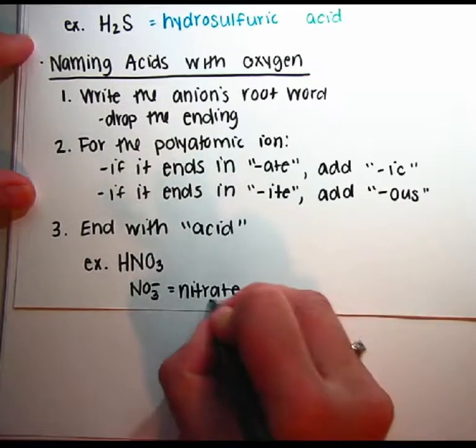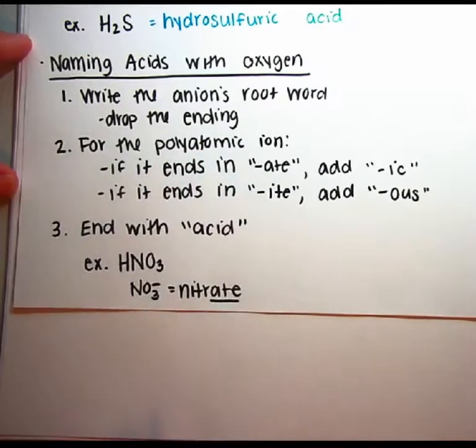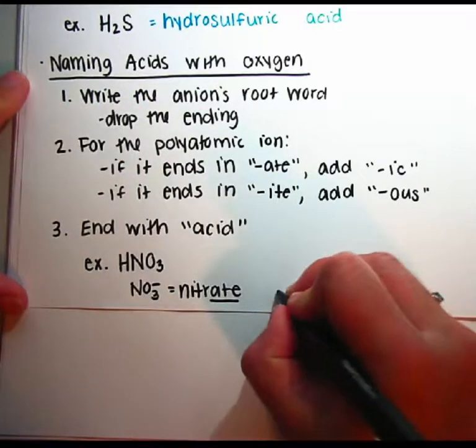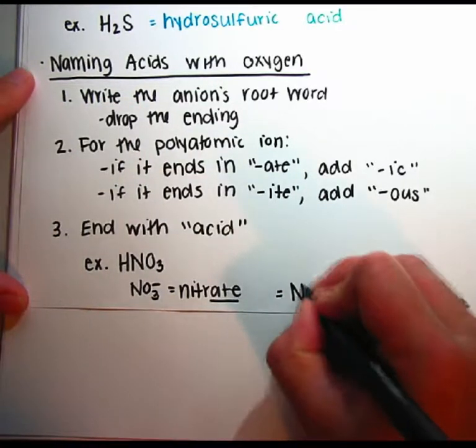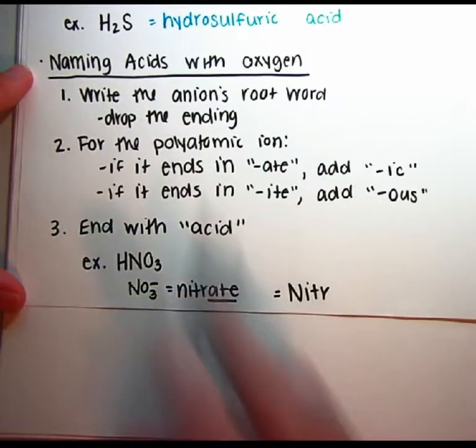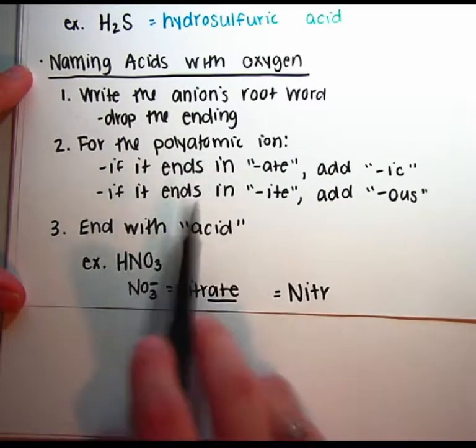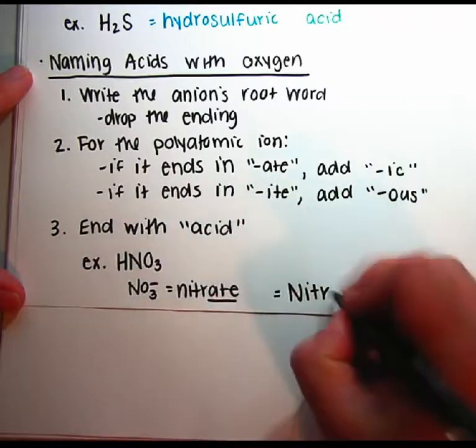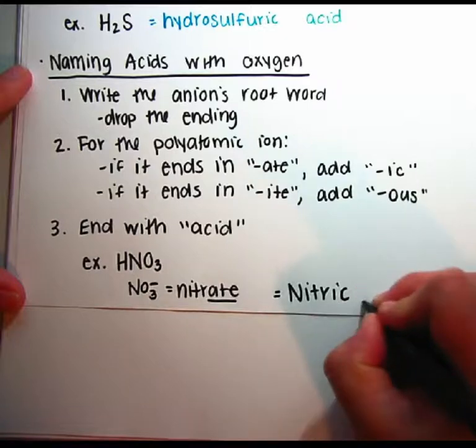It ends in ATE. So I'm going to start by writing the root word for nitrate. But I am going to drop the ending. Since my polyatomic ion ends in ATE, I'm going to add IC, nitric acid.